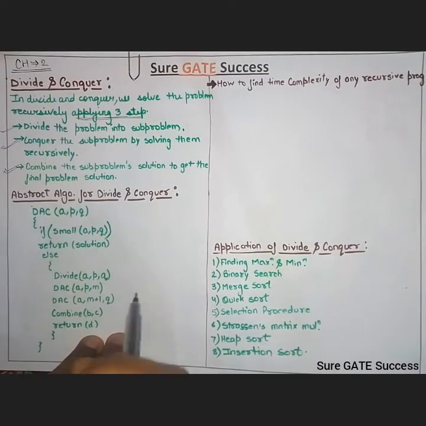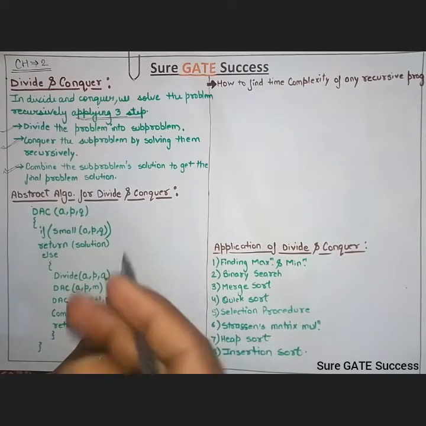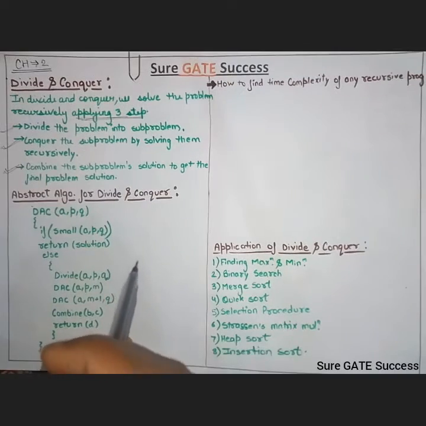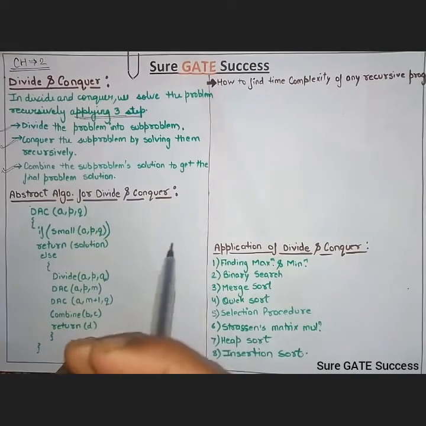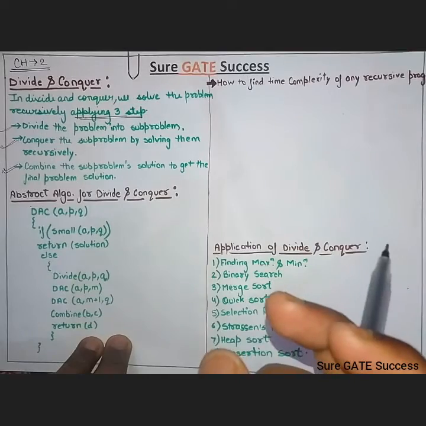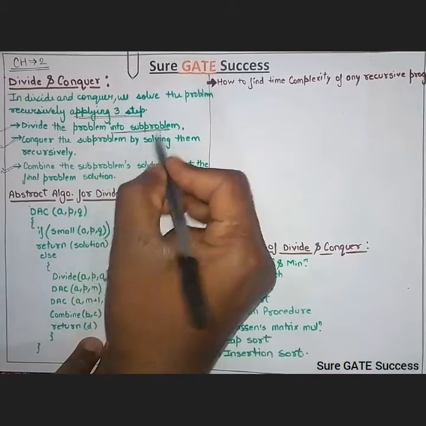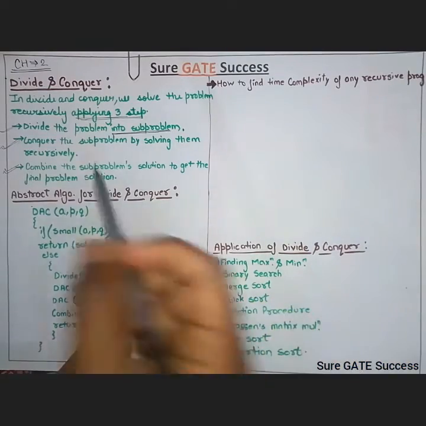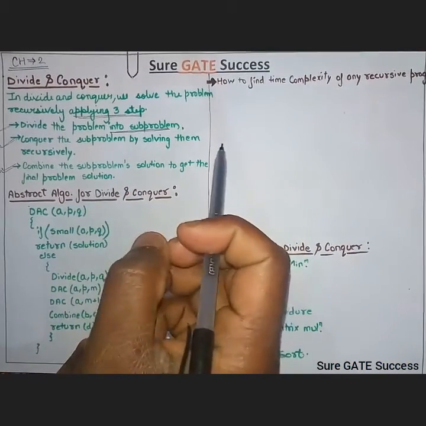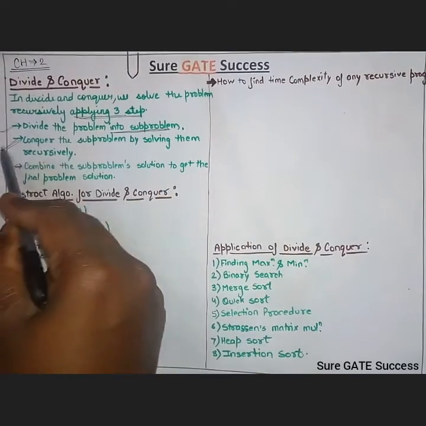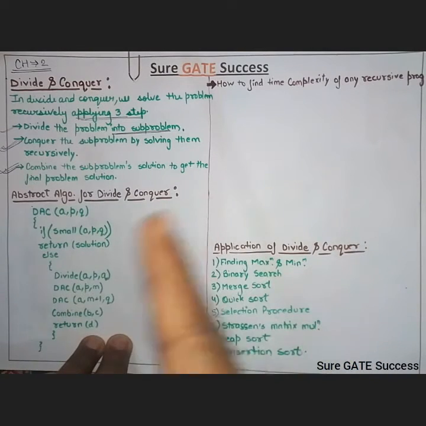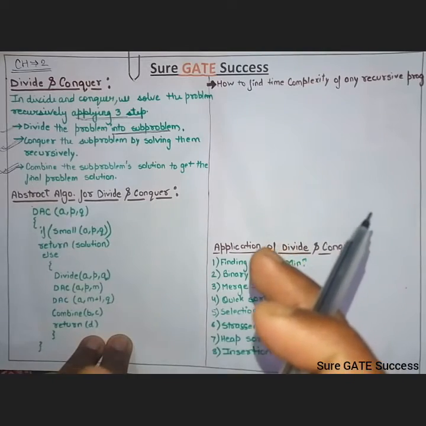The first step is to divide the problem into subproblems. Whatever problem we have, firstly we have to divide the whole problem into small parts, and after breaking it into subproblems we have to solve the subproblems one by one. After solving them one by one, we have to combine the solutions of all the subproblems to get the final solution of the main problem.